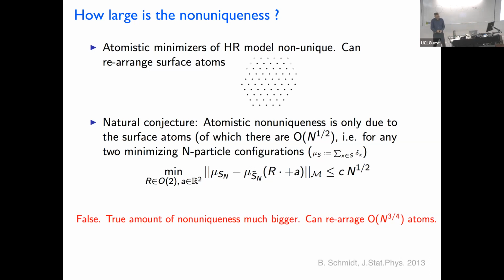And that's an interesting contrast with the continuum limit. For these Wulff shapes, which I show you on the next slide, the minimizer is unique when you pass to a continuum limit. But here the non-uniqueness is surprisingly large. Just an observation here.